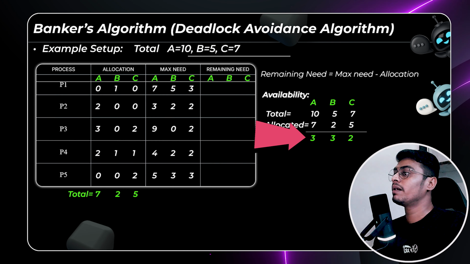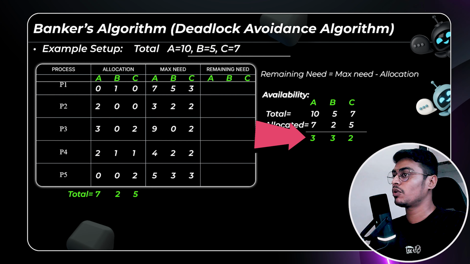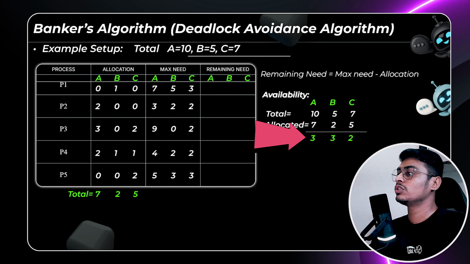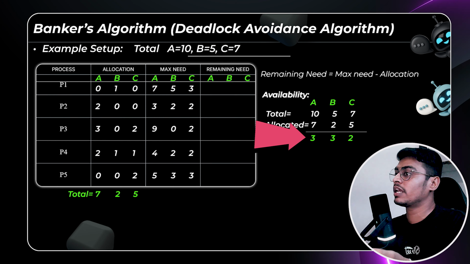The algorithm works by finding processes whose remaining needs can be satisfied with currently available resources. When we find such a process, we assume it completes execution and releases all its resources, increasing the available amount. We continue this process until either all processes complete, creating a safe sequence, or we find that some process cannot be satisfied, indicating potential deadlock.